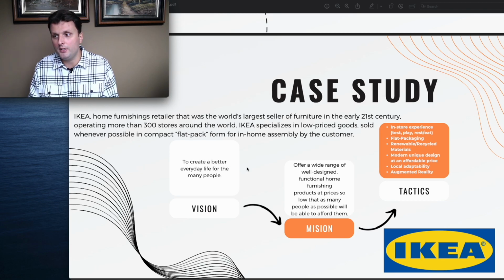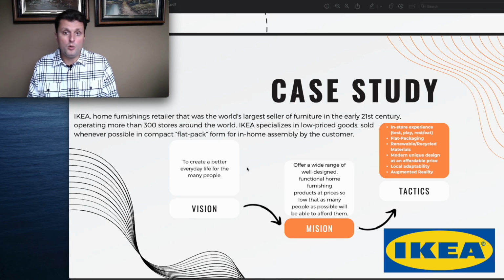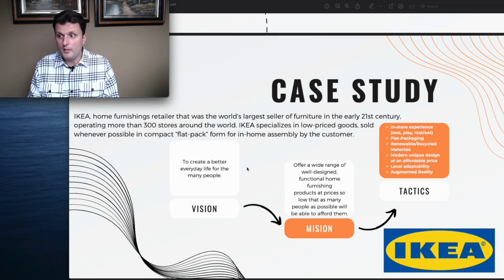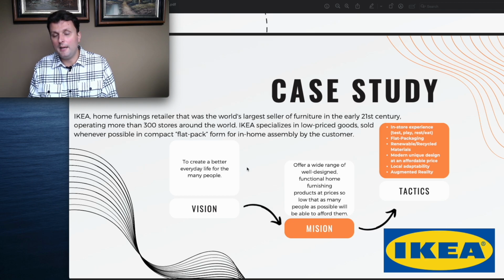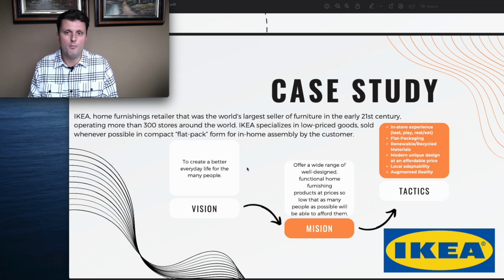So this is really resonating with what's happening today as a global way of thinking towards Mother Nature. And it's quite an affordable price for the modern unique design that they have in their furniture. And I've also seen that they do some local adaptability, coming with some bits and pieces of furniture which are closer to the culture in which they are selling.